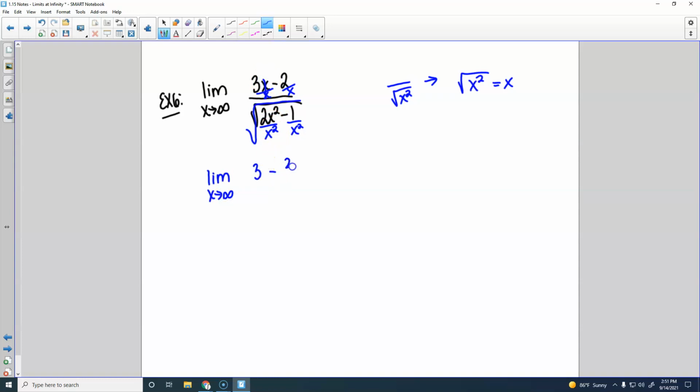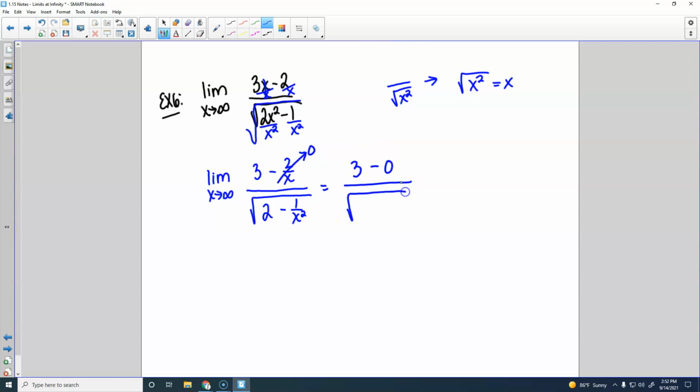Alright, 3 minus 2 over x over, we still have the square root. We got 2 minus 1 over x squared. Okay, so the limit as x approaches infinity of 3 is 3. 2 over x goes to 0, so 3 minus 0 is on the top.